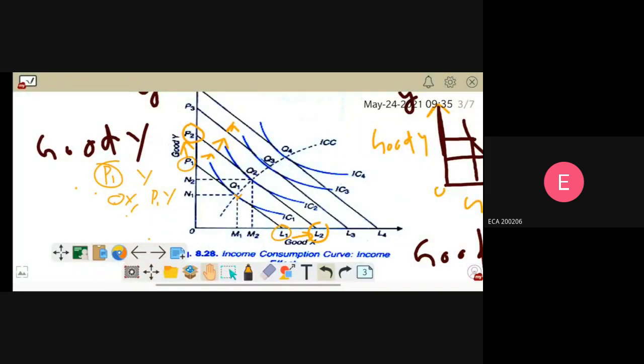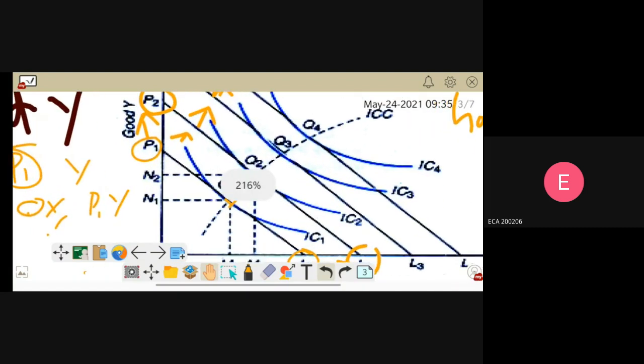Now, what we can see is that at each income level, we have an equilibrium point. When the budget line is P1 L1, then at point Q1, I will zoom it so that it will be very easy for you, the indifference curve IC1 is tangent to the budget line at Q1.